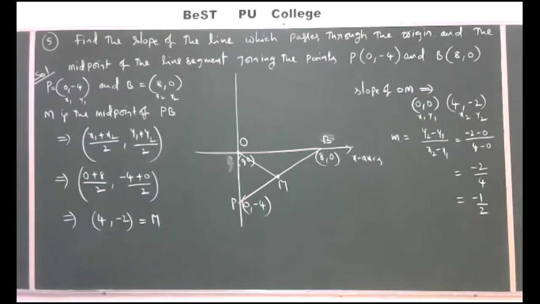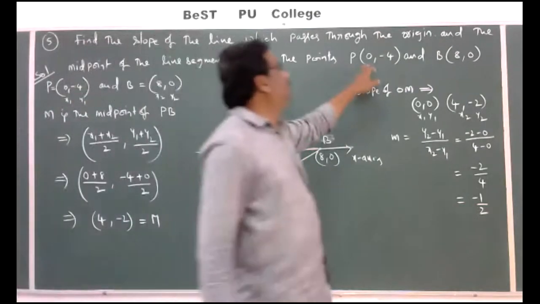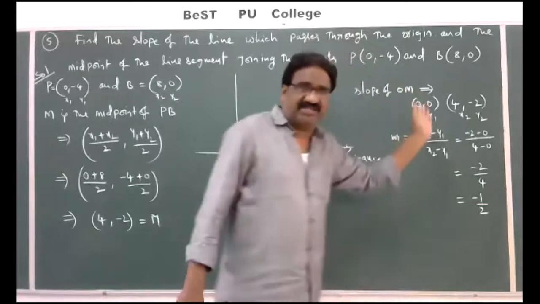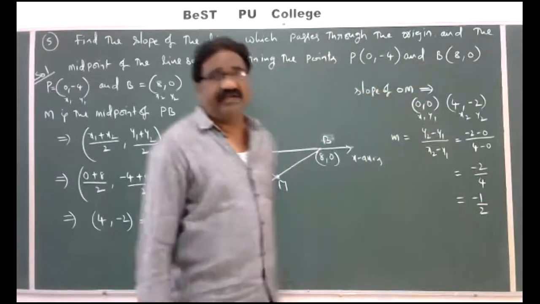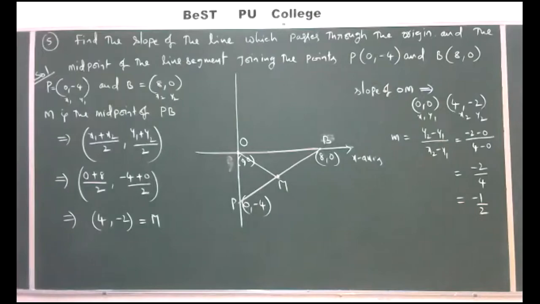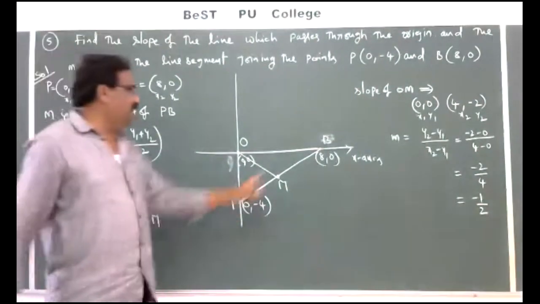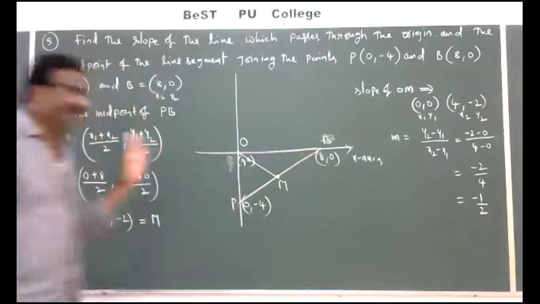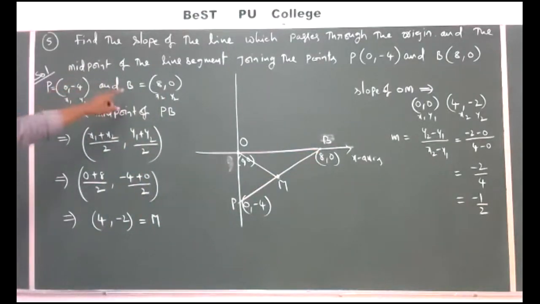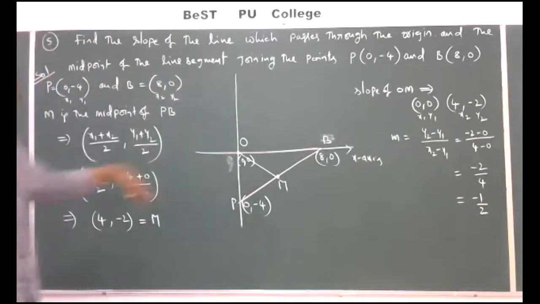So what is the problem? Find the slope of the line. We require the slope of the line which passes through the origin and the midpoint of the line segment joining the points. They gave two points. P lies on the y-axis in the negative direction, and B is the point which lies on the positive direction on the x-axis. So this is P and this is B. Join PB. We require the midpoint of PB.